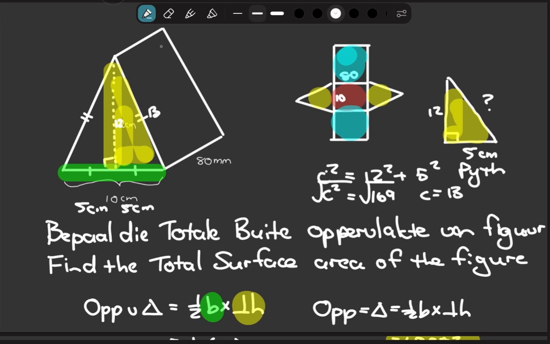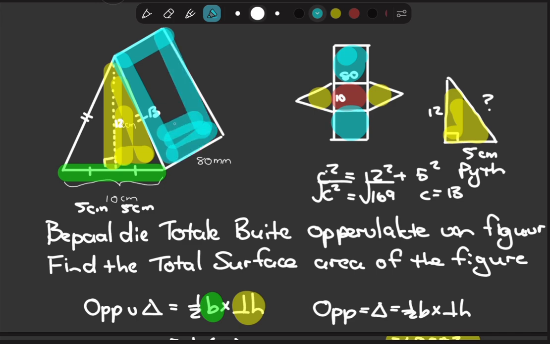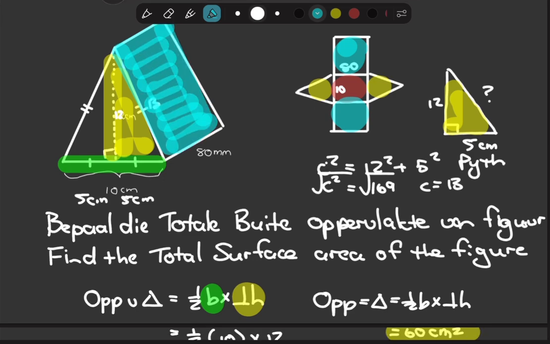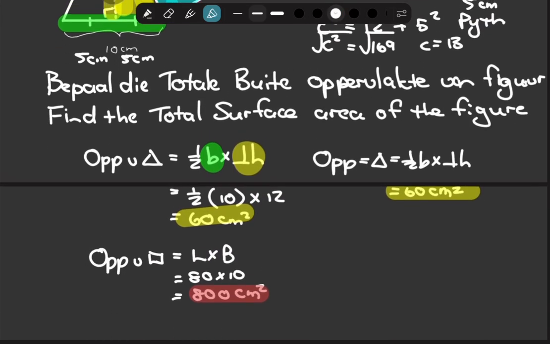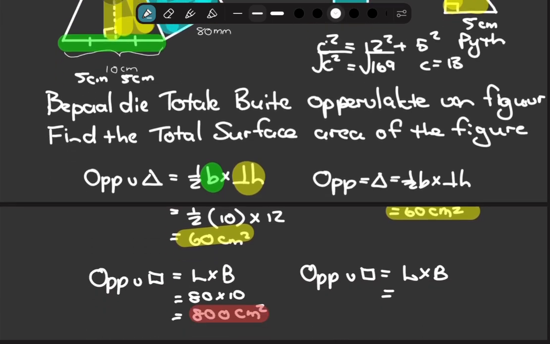En nou kan ek hierdie oppervlakte uitwerk. Want ek het die lengte en breedte, 13 maal 80. Oppervlak van die ander twee kante is lengte maal breedte. Lengte maal breedte is 80 maal 13. 80 times 13 gives us 1040 square centimeters.